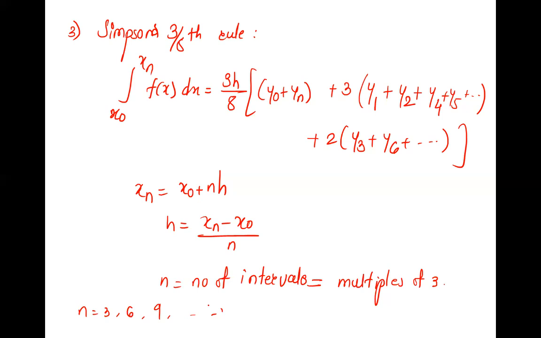Okay. So if one question is asked by trapezoidal, Simpson's 1/3 and Simpson's 3/8, the choice should be, for trapezoidal n can be anything. For 1/3 n can be even, and for 3/8 multiples of 3.